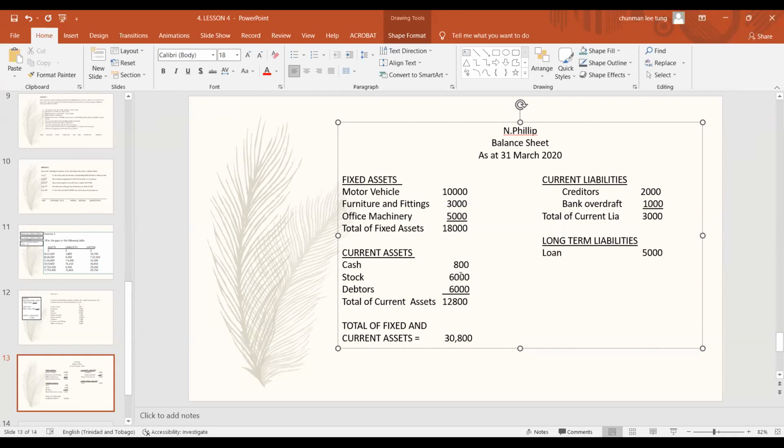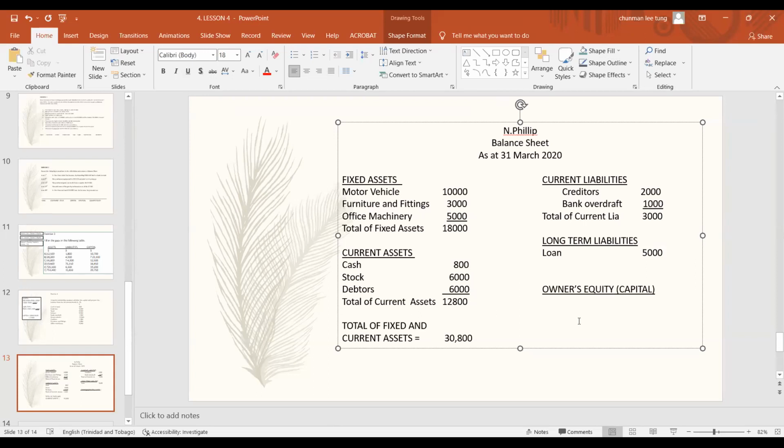And the last one would be your owner's equity. You can put in brackets or just under owner's equity, you put capital. And of course, we worked out our capital just now as $22,800.